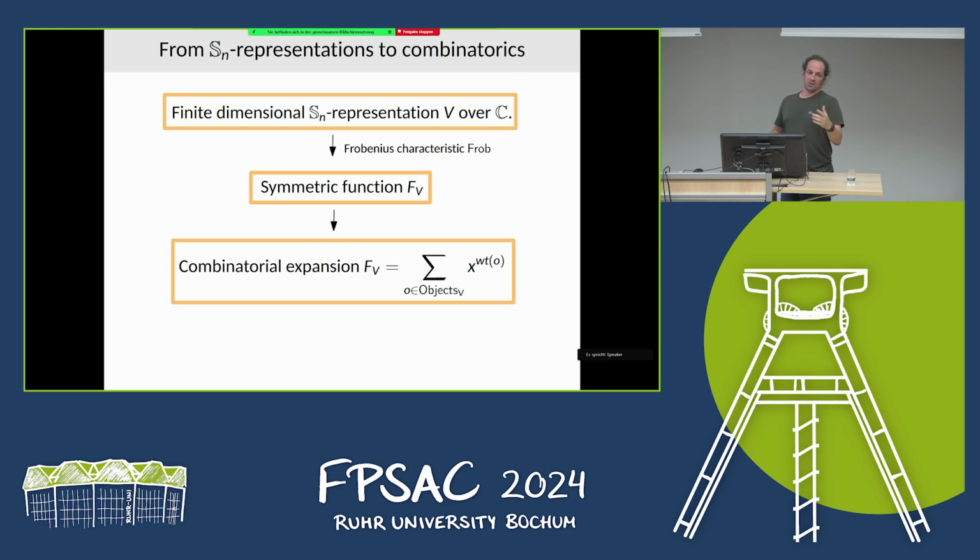It's even more than this because the Frobenius characteristic sends the irreducible representation V lambda to S lambda, so you actually get a Schur positive symmetric function here. That's what I note here by FFV. And this symmetric function encodes entirely this representation up to isomorphism. So it's a nice way to code a representation up to isomorphism.